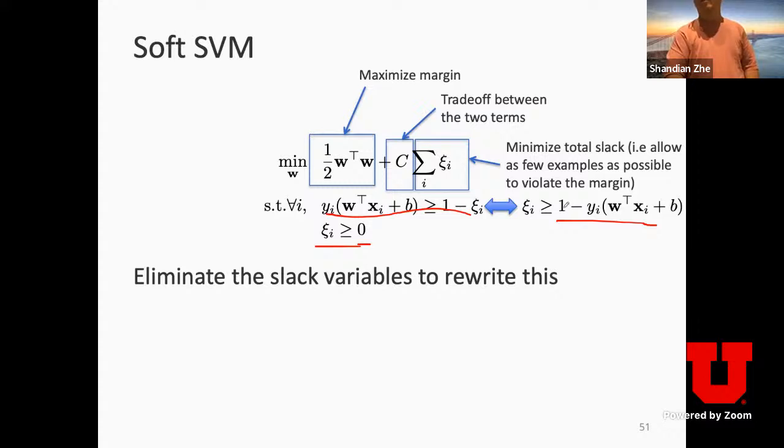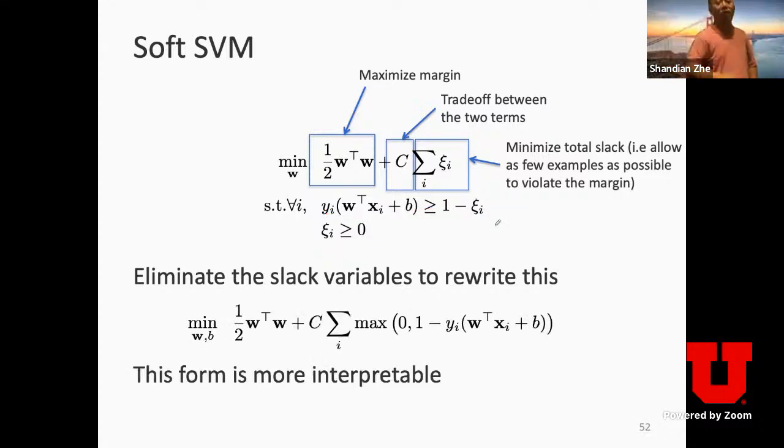Right? And then the minimum ξi would be the maximum between the two, because only when ξi is the maximum between 0 and the other bound will it satisfy both constraints, right? And the minimum value will be exactly the maximum of two lower bounds, 0 or 1 minus yi(w transpose xi plus b), right?